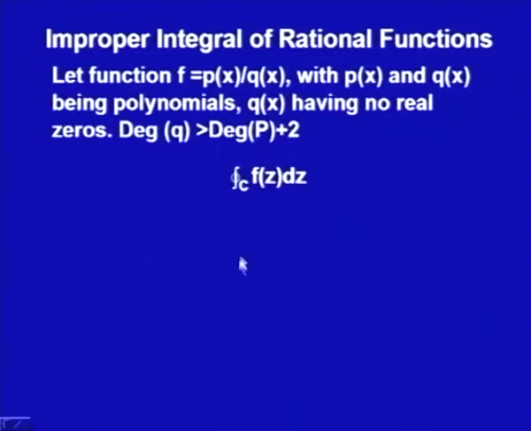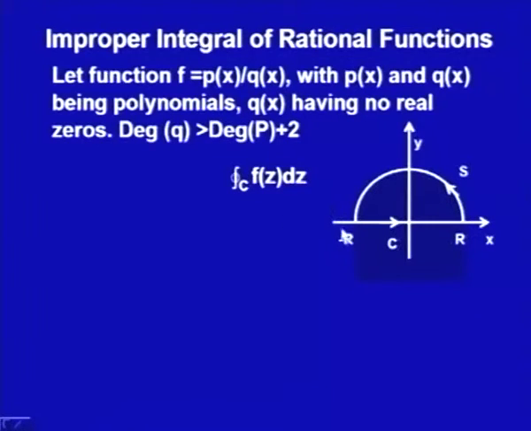The contour C is the semicircle in the upper half plane plus the line, that is, the real axis. So, we will take this as the closed contour C, and then apply our residue theory.